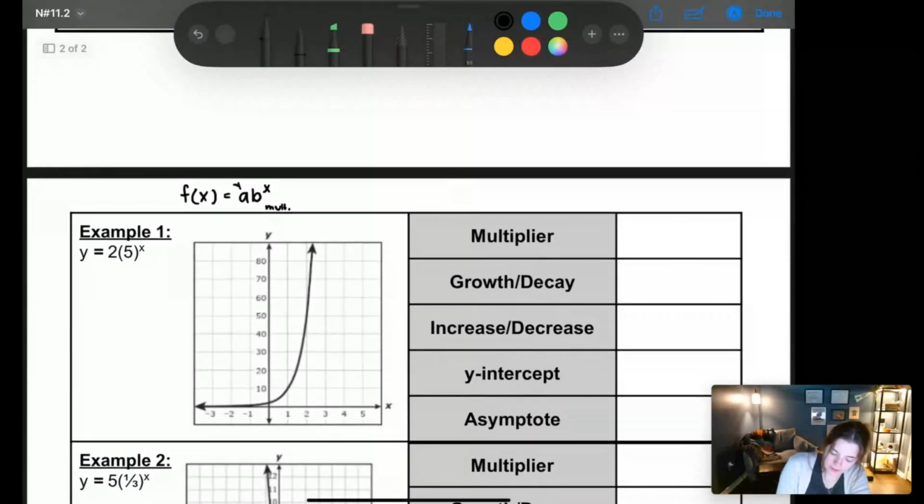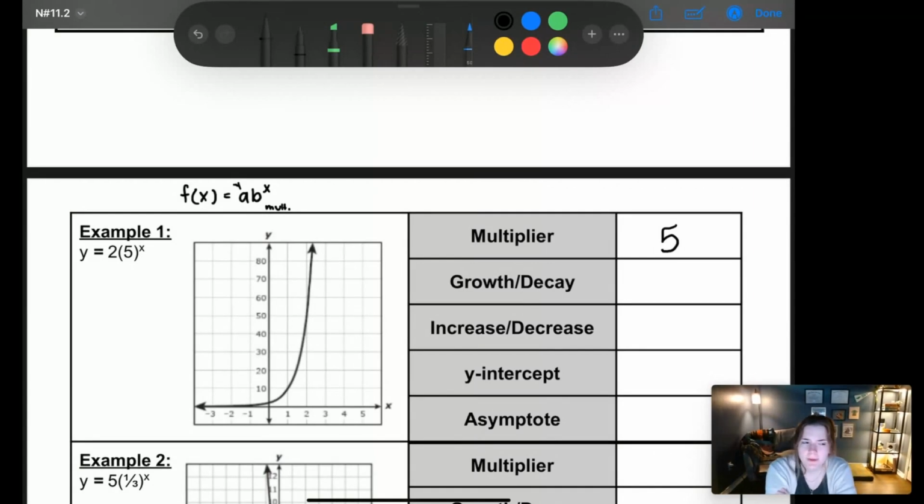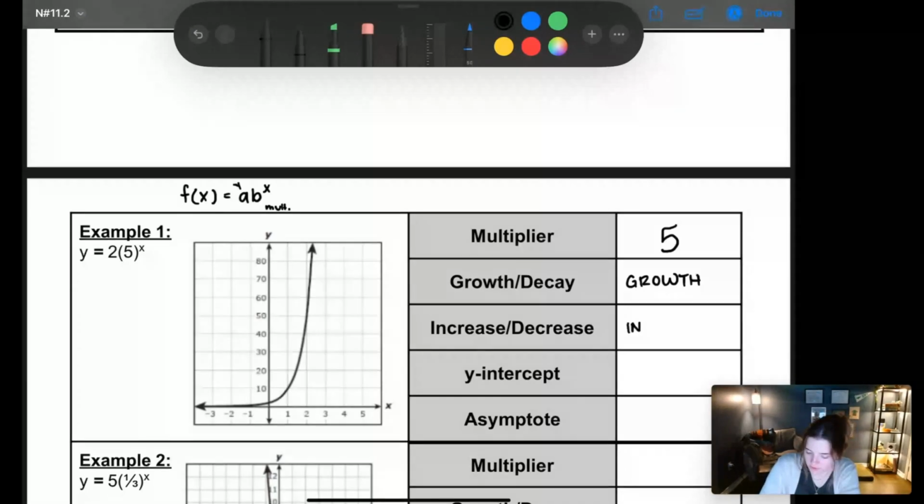Our multiplier is what? What is our b here? 5. Okay. What about growth or decay? Am I increasing from left to right, or am I decreasing from left to right? Increasing, right? So this has to be growth. And if it's growth, it's increasing, right? We just said both words there, growth, increasing.